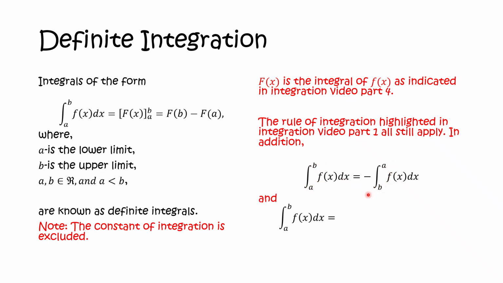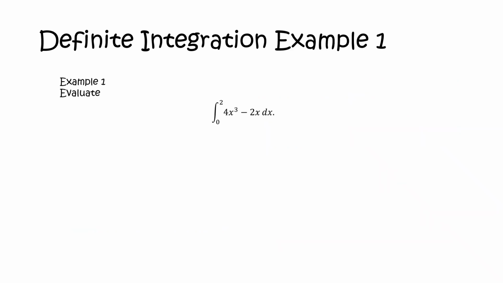And also, if we are going to integrate from a to b of f of x, and there happens to be another limit in between a and b, say c for instance, then we are going to have the integral of a to c of f of x plus c to b. So it's important to take note that c is between a and b, and a, c, b are all real numbers. Now, let's dive into example 1.